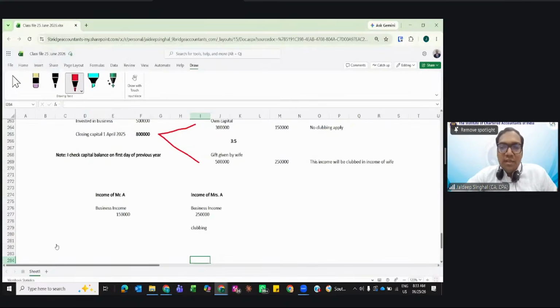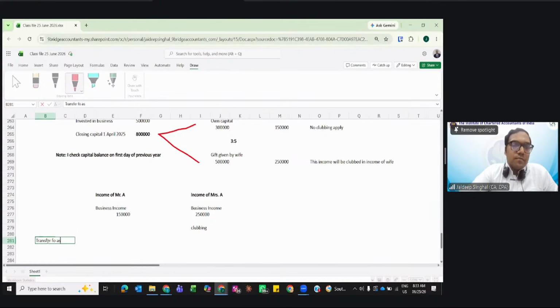Let's quickly take an example. Transfer of asset for the benefit of spouse.